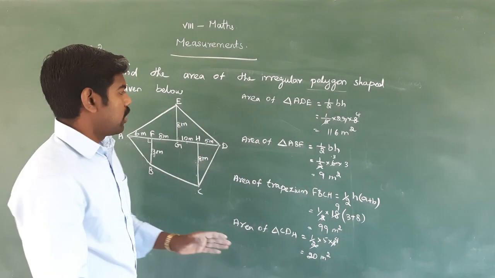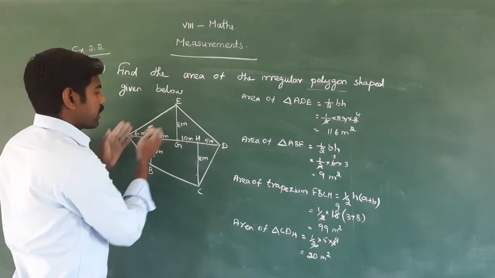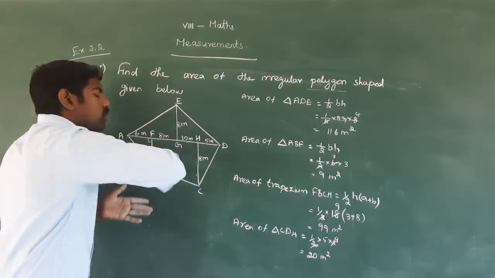Okay. Now we have found the area of each separated shape. Now we find the total area.